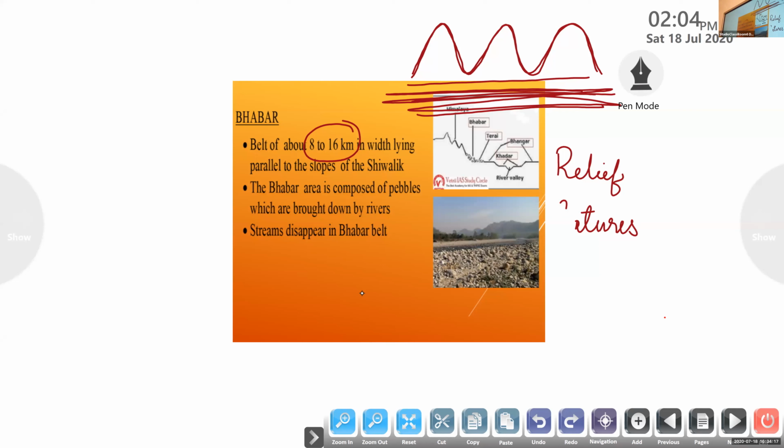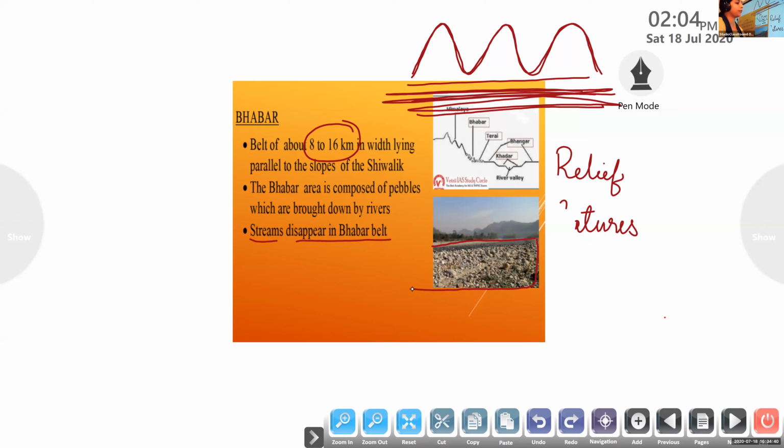Who brought these pebbles here? Rivers brought them and deposited them over here. Then one more sentence: streams disappear in the Babar belt. This is the Babar belt.